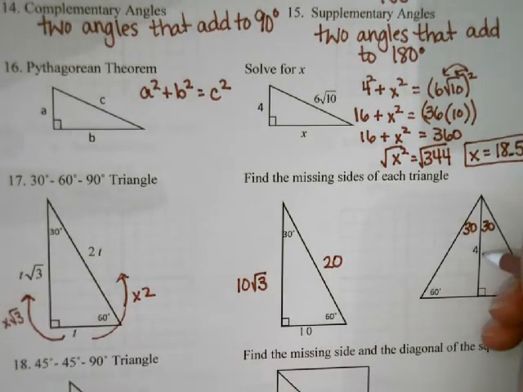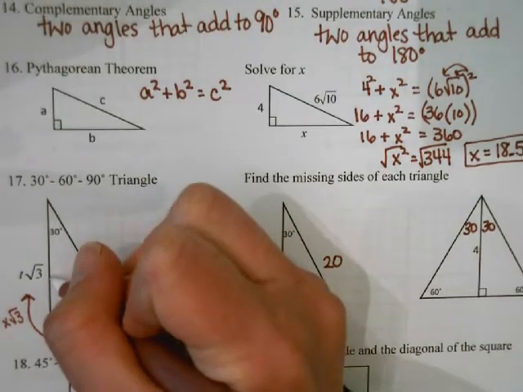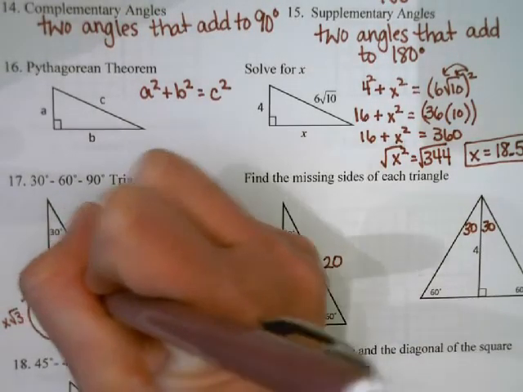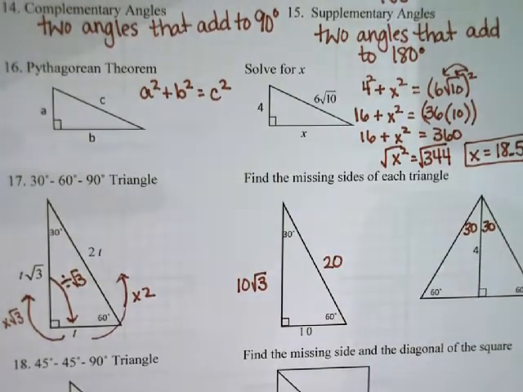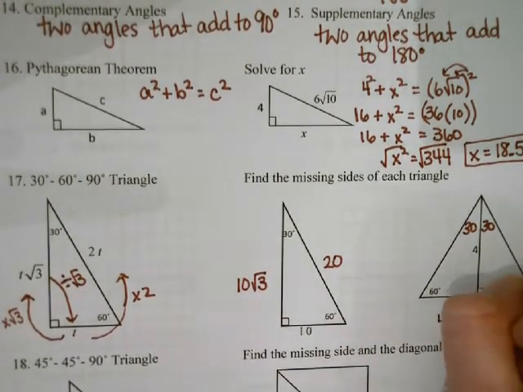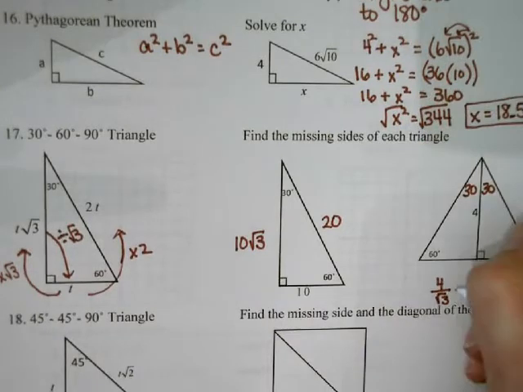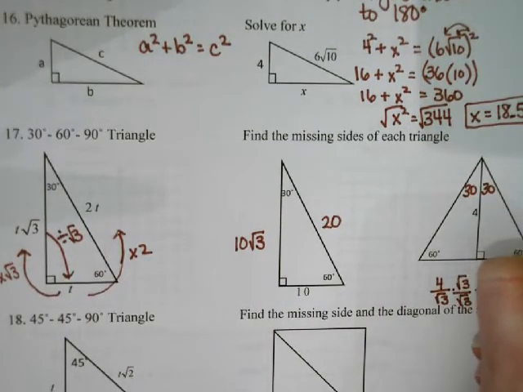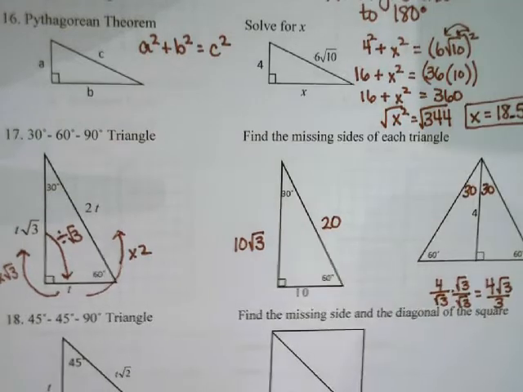So in order to go from the long leg to the short leg, I'm going to divide by root 3. So 4 divided by root 3. Remember, I can't leave a radical in my denominator, so I need to rationalize that. I'm going to rationalize by root 3 over root 3. So the short leg becomes 4 root 3 over 3.